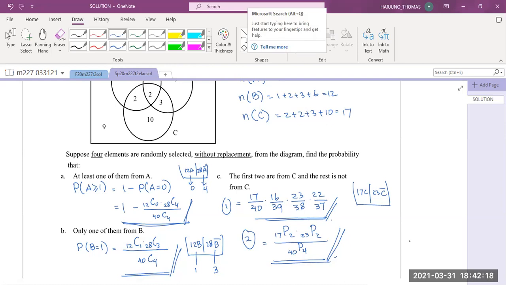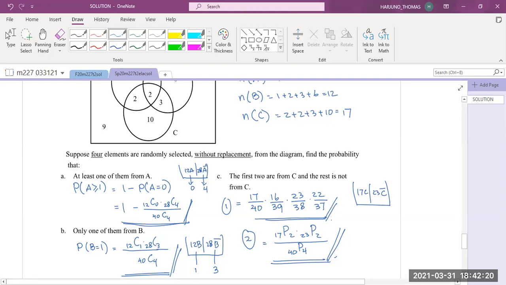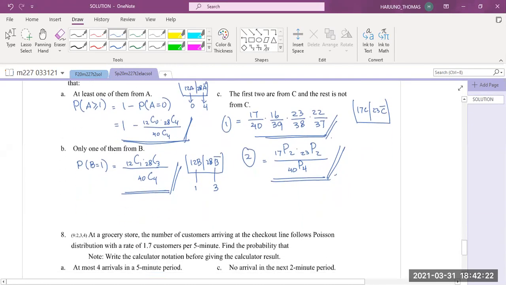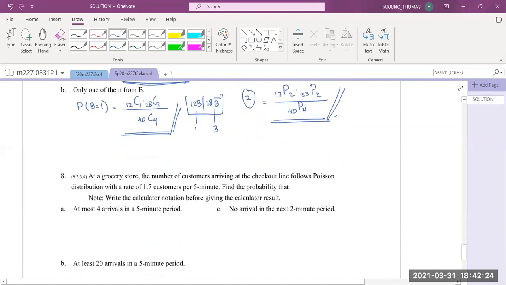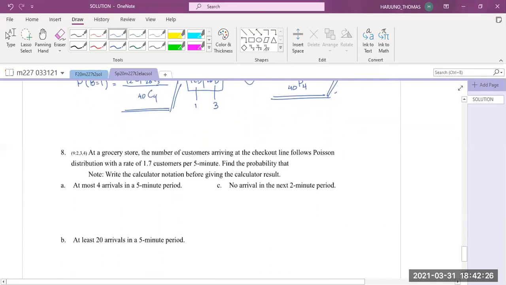Okay, now finally, number 8. At a grocery store, the number of customers arriving at the checkout line follows a Poisson distribution. So let X be the number of customers at checkout.